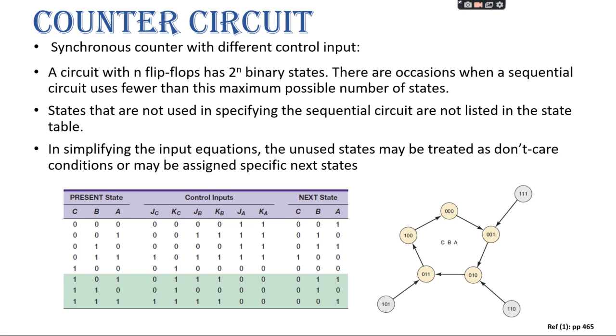So no state is missing, right? Yes, sir. So now we will try to design a counter that has some states missing. For example, you have a counter which has 0 state, 1 state, 2 state, 3 state, 4 state, and then 5, 6, 7 are missing.